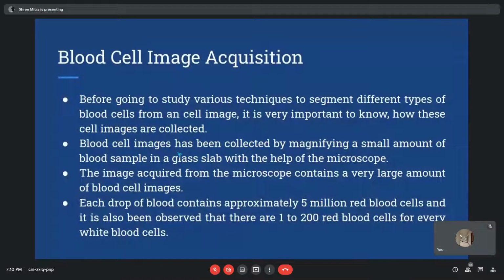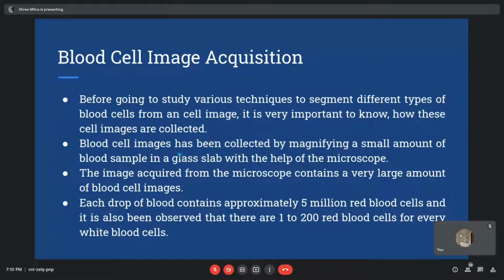Before applying any kind of image-related analysis on blood cell images, it is very important to collect the images, and we have to know how the blood cell images are collected. Blood cell images are collected by magnifying a small amount of blood sample on a glass slide with the help of a microscope.